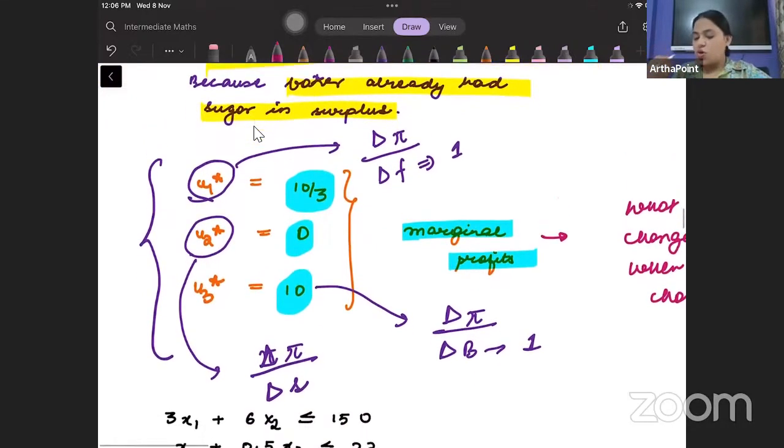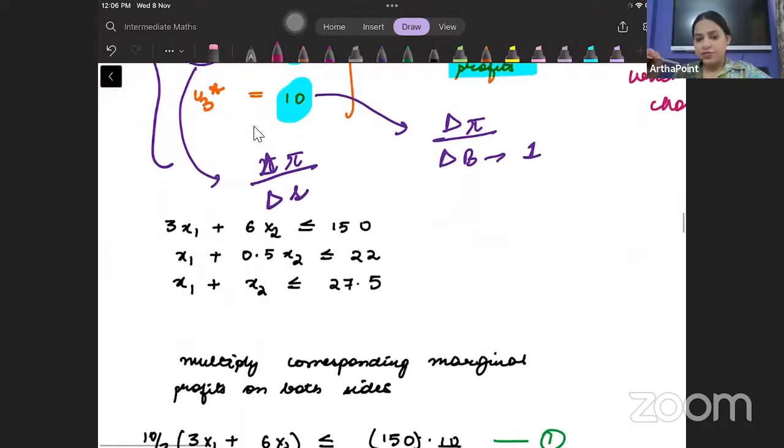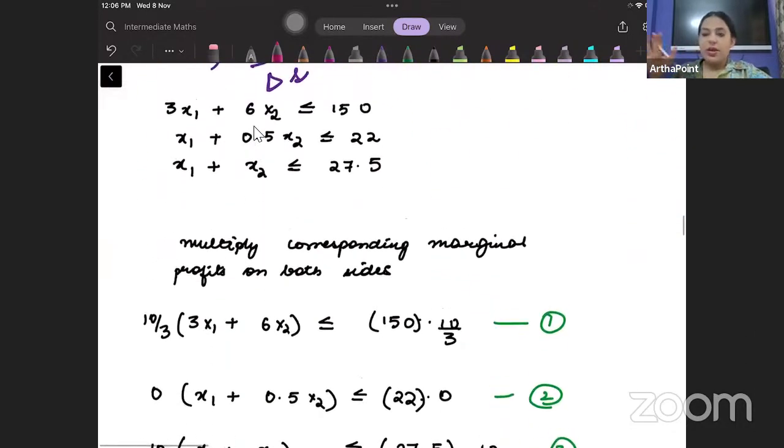That beta is called the marginal profit. Okay. Now try to see. I am doing something very important here. Because these were my initial equations.